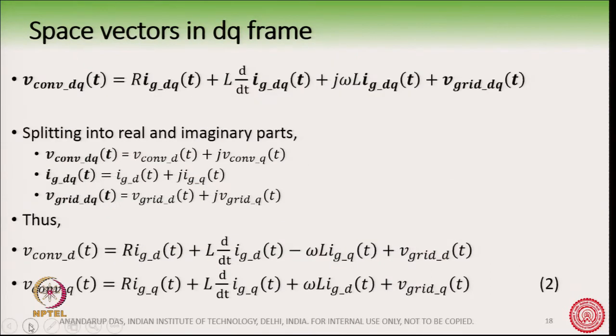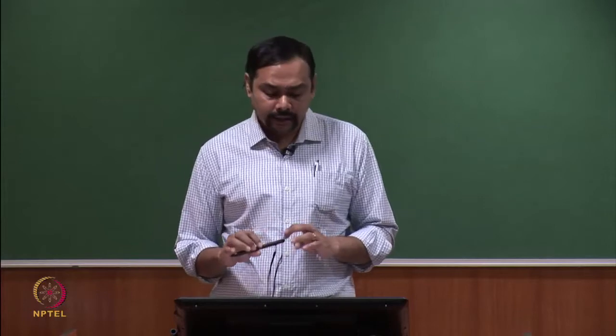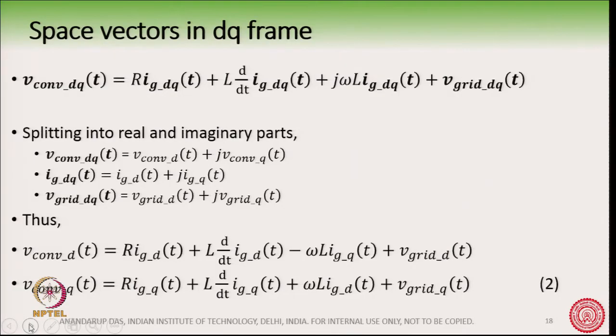This is the space vector equation in the dq frame of reference. Now we can again split it into real and imaginary parts. V conv dq is V conv d plus j times V conv q.